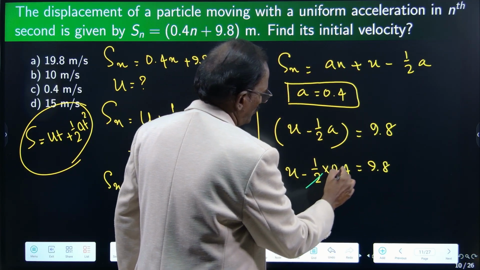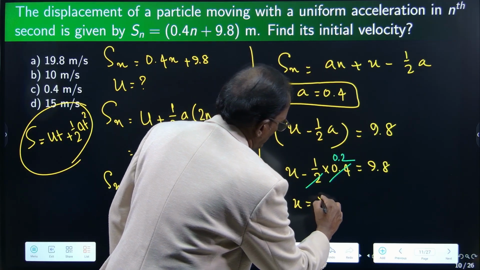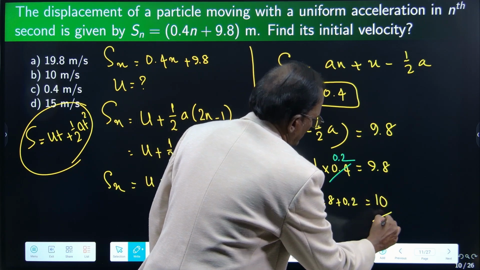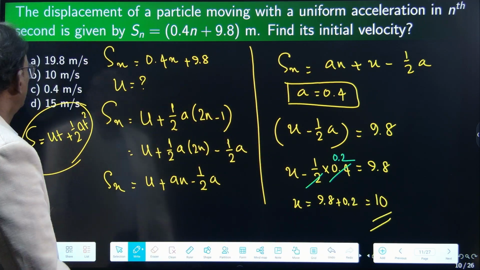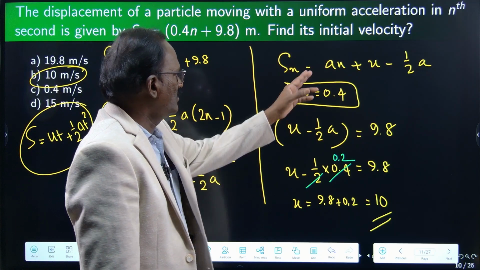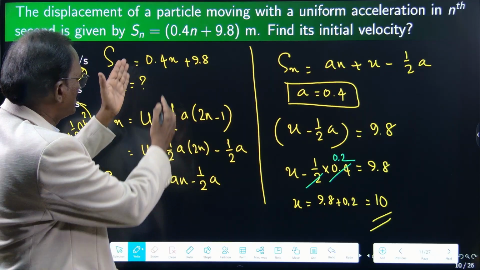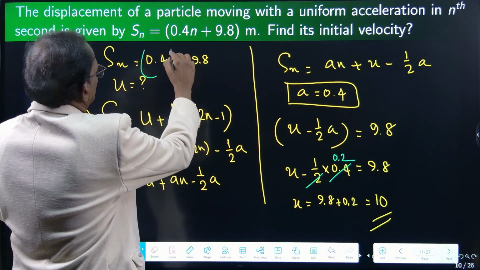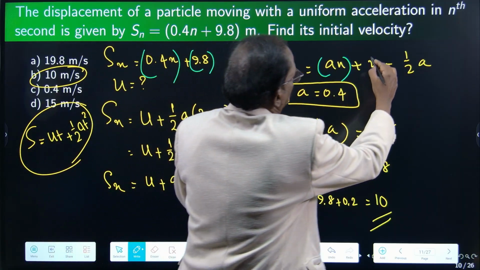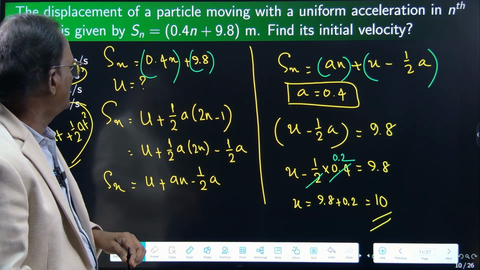So this is 0.2. So u = 9.8 + 0.2, that is 10. 10 is the answer: 10 meter per second. So with n, without n, they are separated. Two terms: 0.4n, this is an; 9.8, this is u - a/2. This way we have to do it.